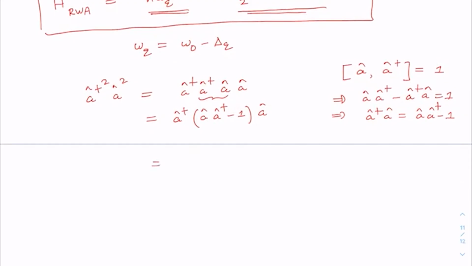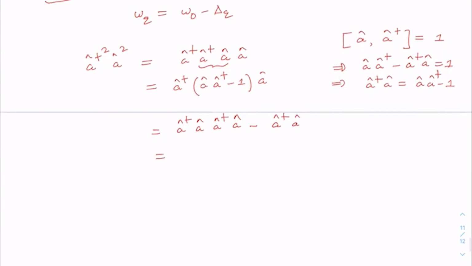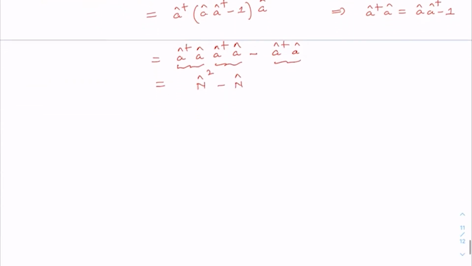So you can easily see that I can write it as a dagger a dagger a a minus a dagger a, and obviously this is n, this is n, and this is n, so therefore I have n square minus n, which I can write as n into n minus 1.